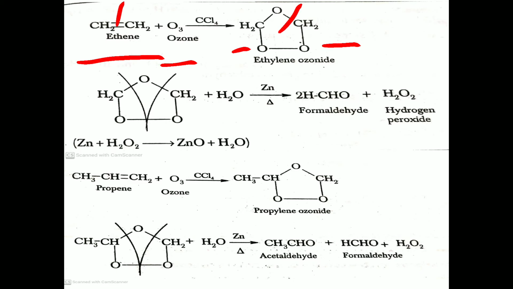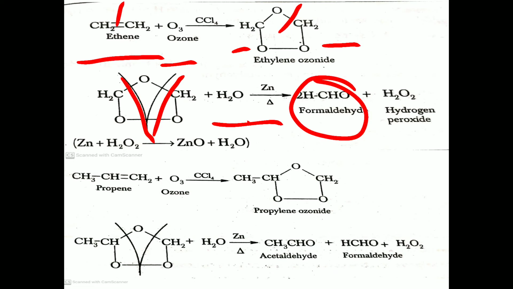Then this intermediate product breaks down again and undergoes hydrolysis in presence of zinc. We get HCHO, that means formaldehyde, plus H2O2, hydrogen peroxide. Now see how this is formed: when zinc reacts with H2O2, we get ZnO plus H2O.